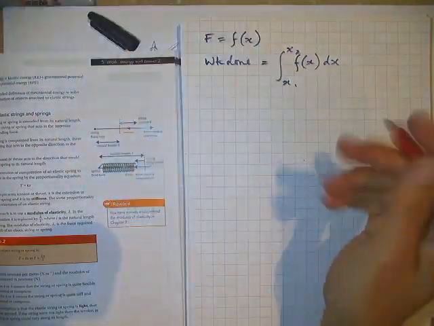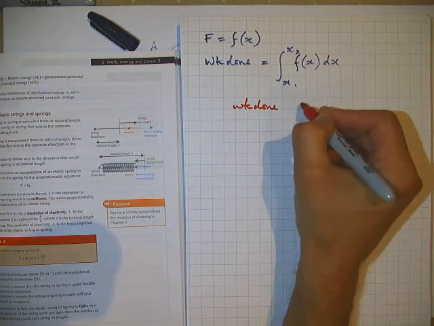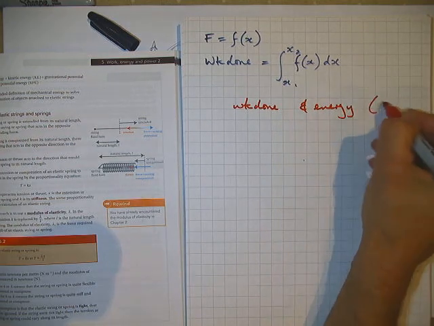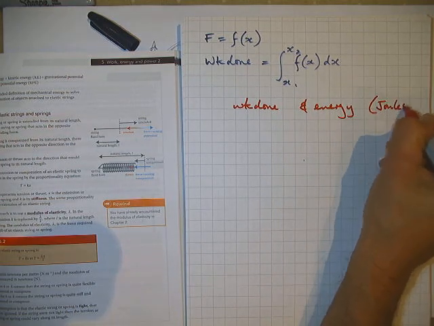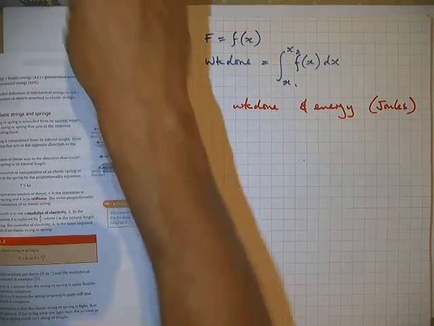We remember that work done and energy have the same units, joules. They are largely interchangeable, okay? And that's very important for this next section.